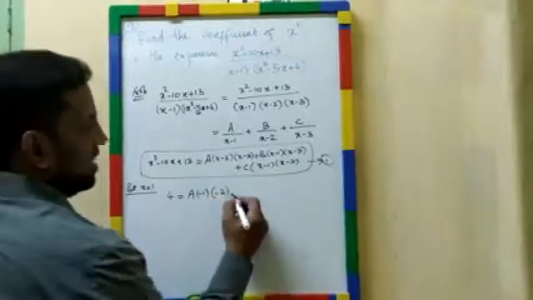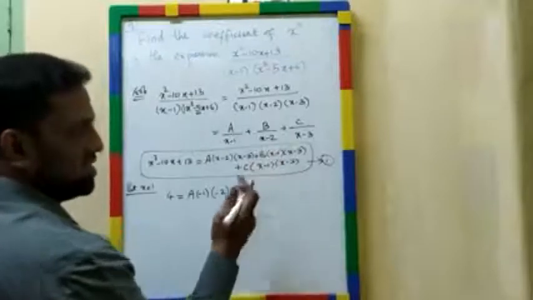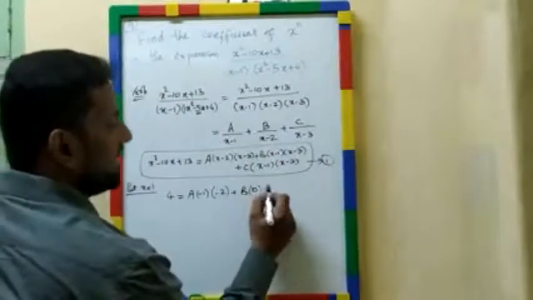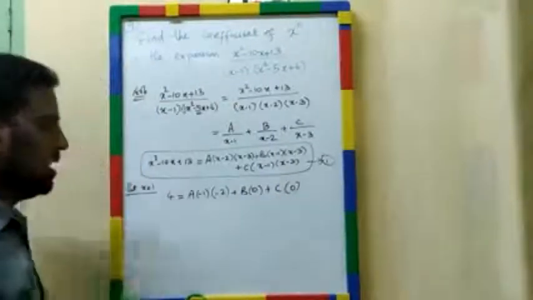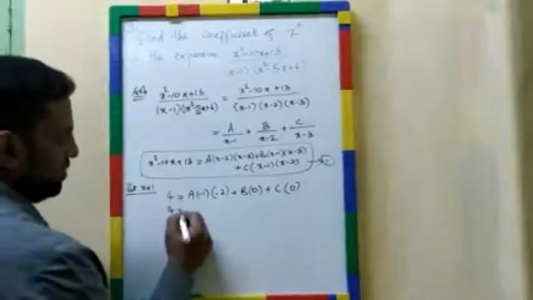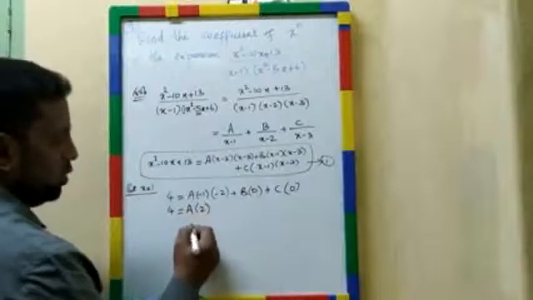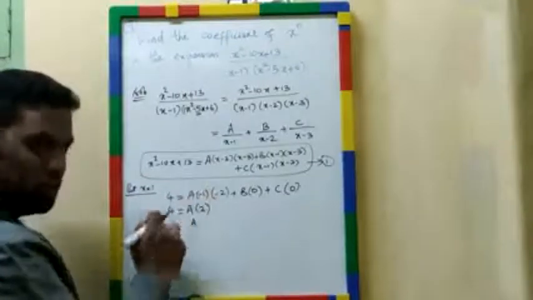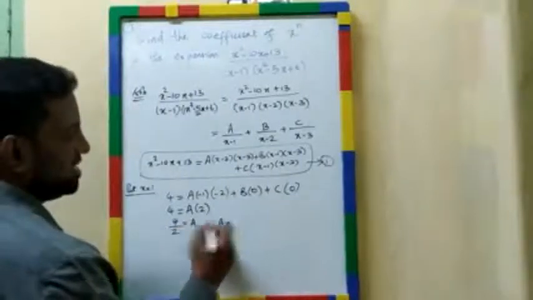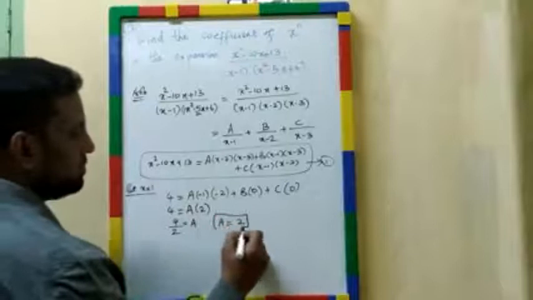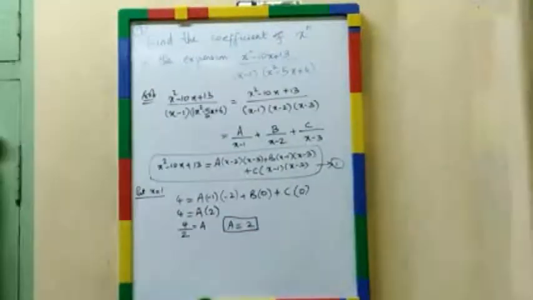The second and third terms vanish, because 1 minus 1 becomes 0. Simplifying, minus into minus is plus, 1 into 2 is 2. Bringing the multiplying term from right to left, it becomes division, and after cancellation we easily get a equal to 2.